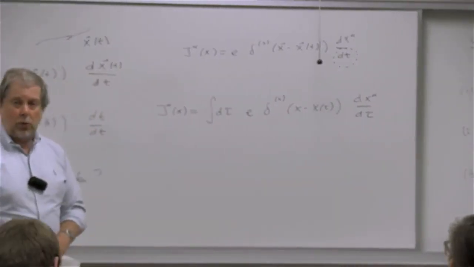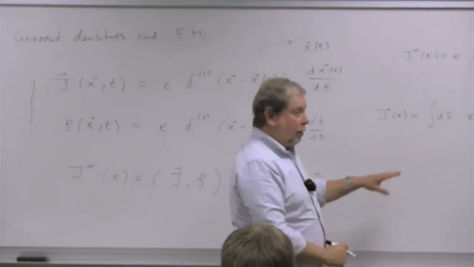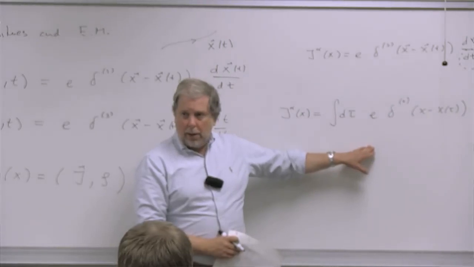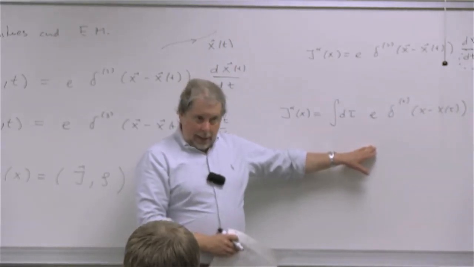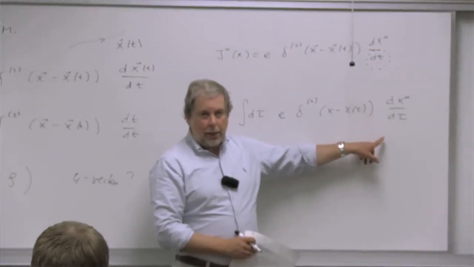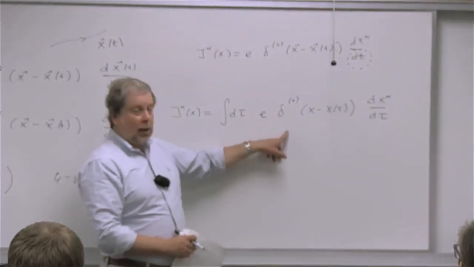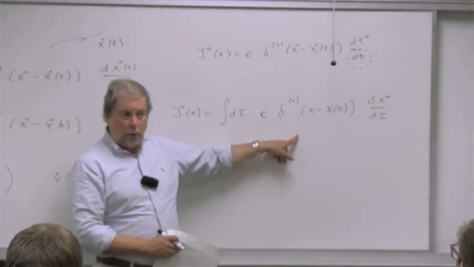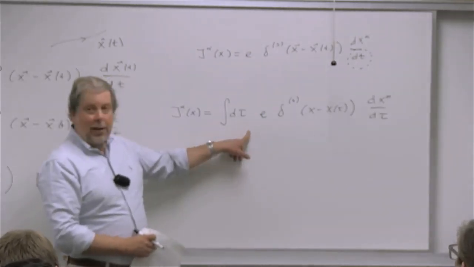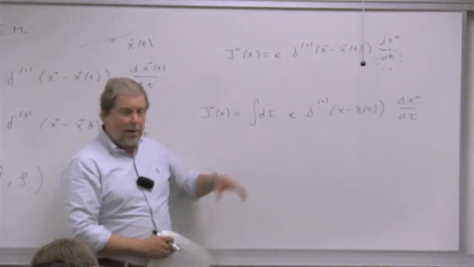Now, if this rewriting was true, then do you think this is a good 4-vector? I would say the answer is probably yes, because it contains a 4-vector now, because dx alpha by d tau, where tau is the proper time, is a genuine 4-vector. And this delta function is now a delta function over 4 components as opposed to 3, which is good. And the final integration is over an invariant, which is this proper time. So this is manifestly invariant.